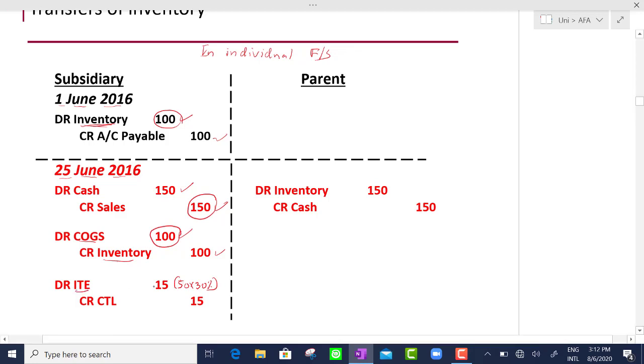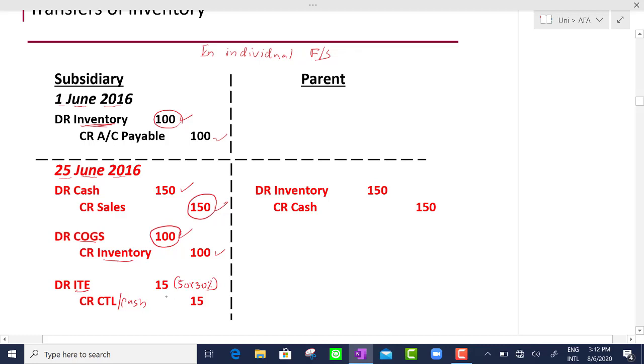Income tax expense 15 debit because it is an expense, right? Until you pay, it is a liability, current tax liability, or cash if it is paid in cash. Otherwise current tax liability account credit.